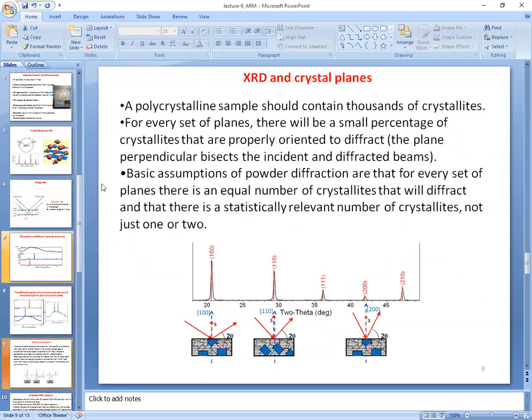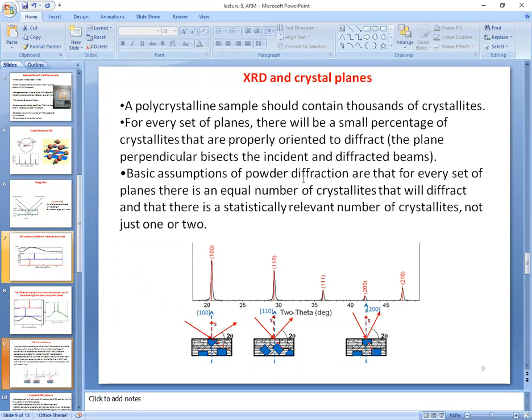Okay, so basically, what happens when an X-ray is allowed to fall on crystal planes? So we should read this paragraph to understand. A polycrystalline sample should contain thousands of crystallites. For every set of planes, there will be a small percentage of crystallites that are properly oriented to diffract the X-rays, with the plane perpendicular to the line that bisects the incident and diffracted beams.